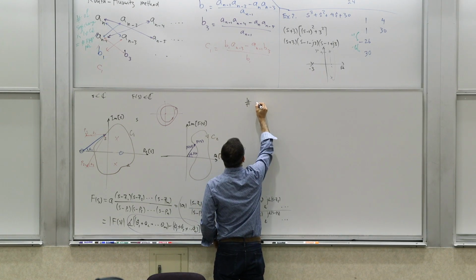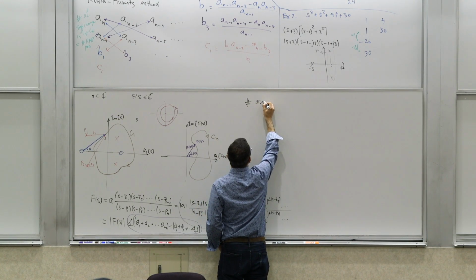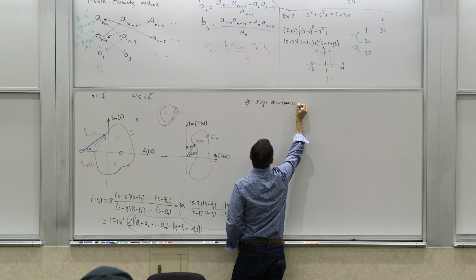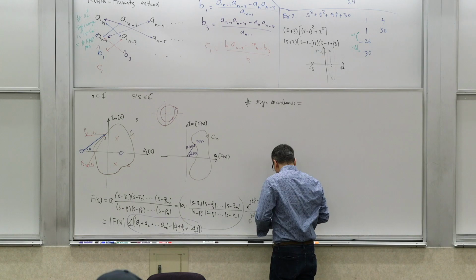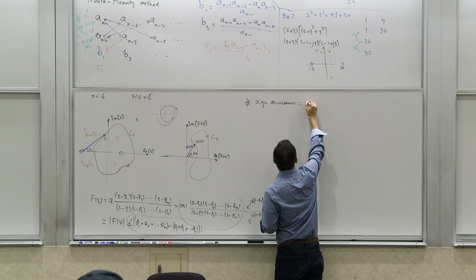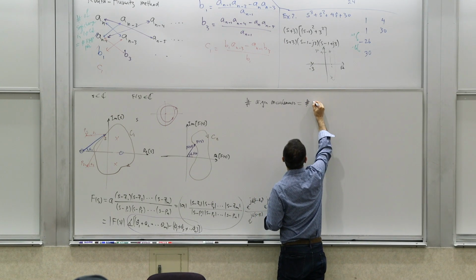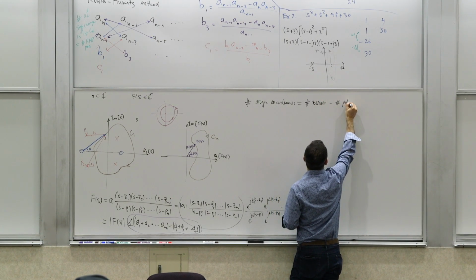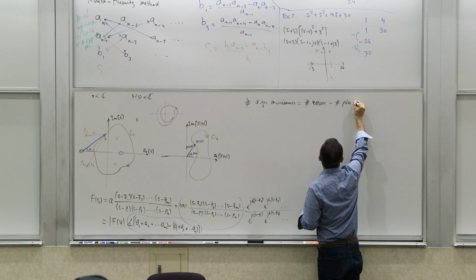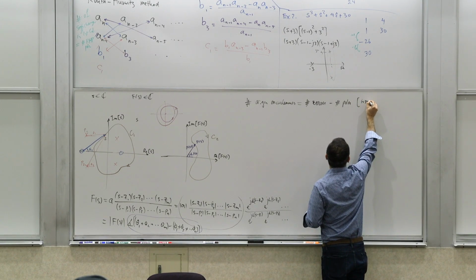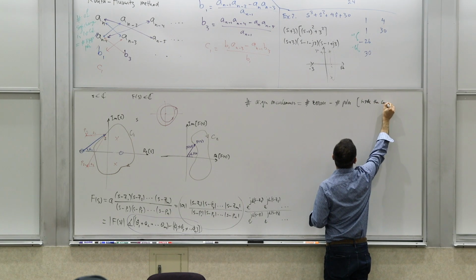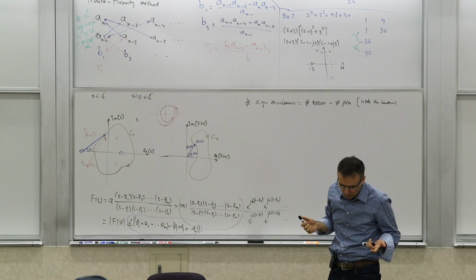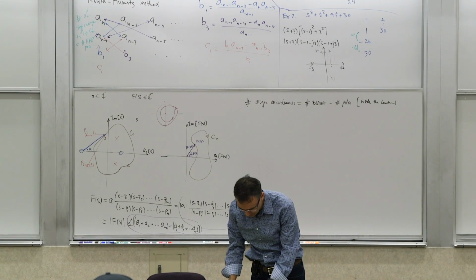The number of origin encirclements is equal to the number of zeros minus the number of poles inside the contour. Okay? It's a very simple, straightforward thing, right? I mean, now that we can see it.